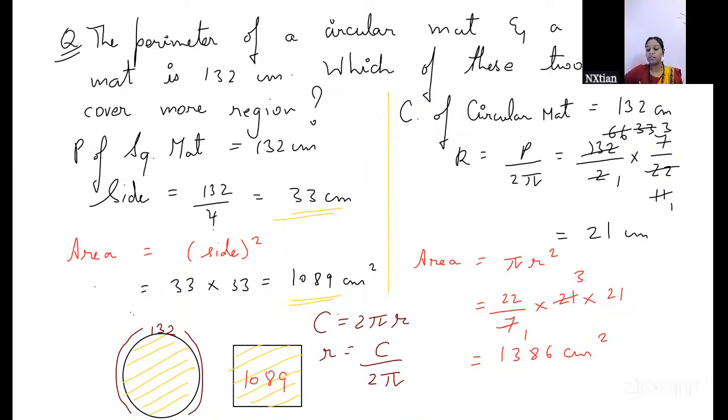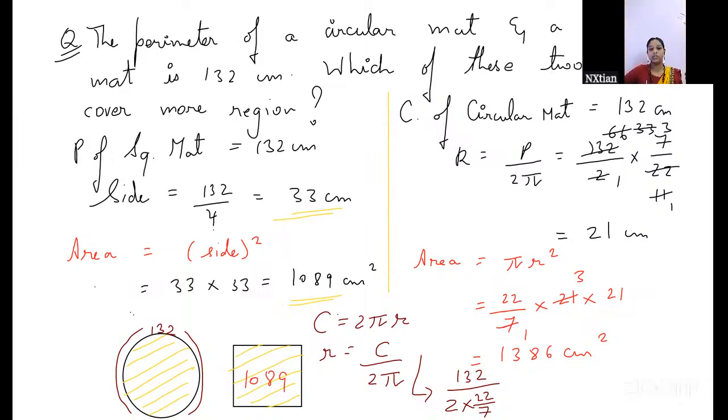Then I put the values of the circumference and of pi. If I put the value in this form only, it will be 132 upon 2 into 22 by 7.